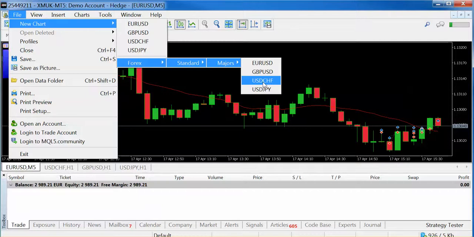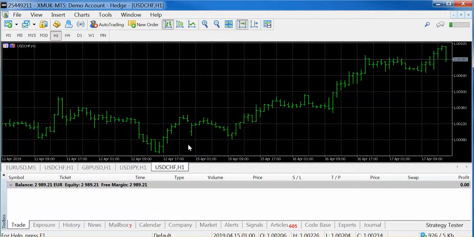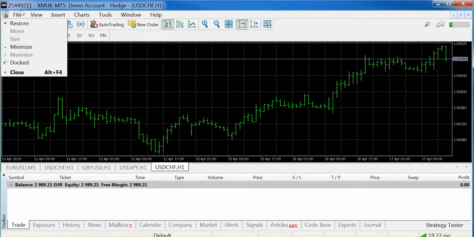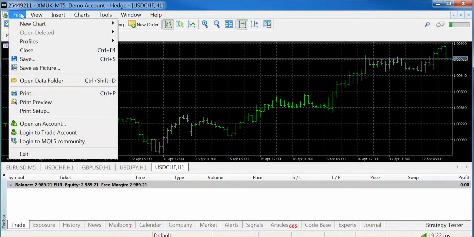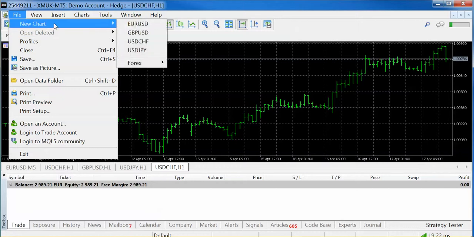You can click on Swiss, and they're down here anyway. But if you want to open up new charts, you can go to File, New Chart, and get to many different currencies. At the moment, this is locked onto just 4 currencies. We'll go through that another time, but this is just to get you into trading. It's just a Kickstarter. Do not worry about too many technicalities. Focus on the charts we've got now.